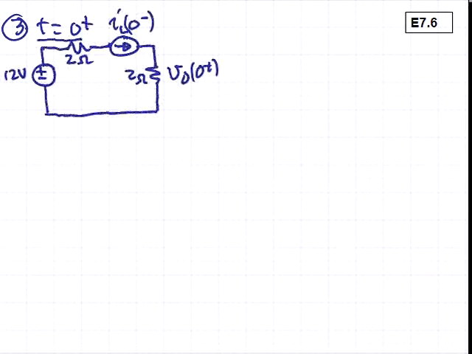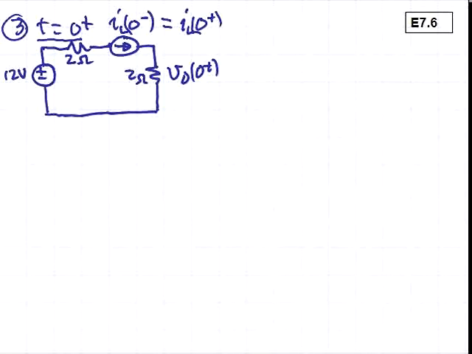Step 3, we'll consider the time t equals 0 plus. At t equals 0 plus, we have this equivalent circuit where we've replaced the inductor by its equivalent current at t equals 0 minus. We placed a current source there. The property of an inductor is that the current is continuous, so we have IL at 0 minus is equal to IL at 0 plus.